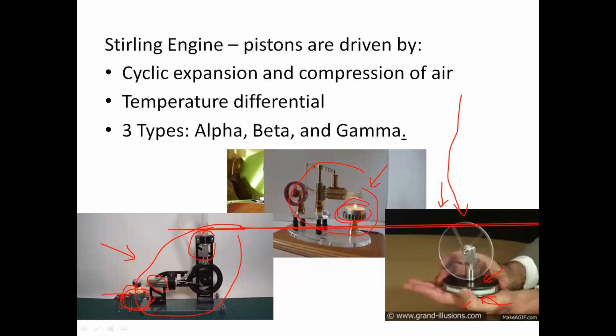So there's a temperature differential. And of course, there's the displacer inside, which pushes the gases to different places. So there's an alternate expansion and compression of air. Same goes with the alpha and beta types of the Stirling engine.